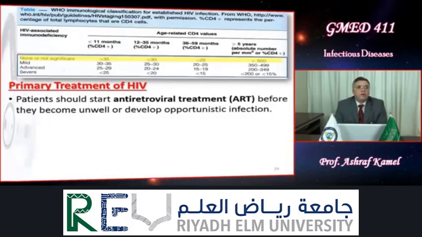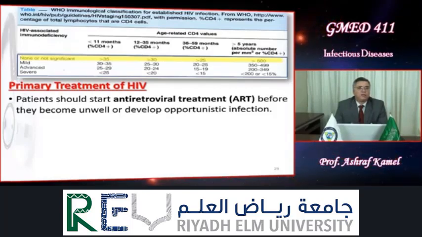The WHO immunological classification for established HIV infection shows that the percentage of the CD4 count represents the percentage of the total lymphocytes that are CD4 cells. It classifies the HIV patients into none or not significant if the CD4 count is more than 500.